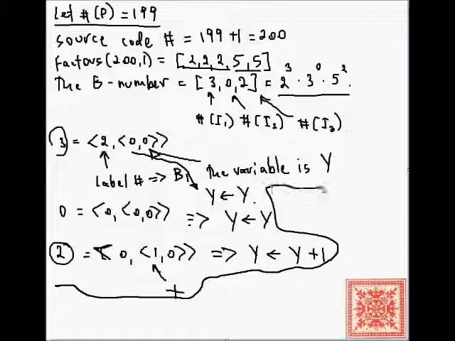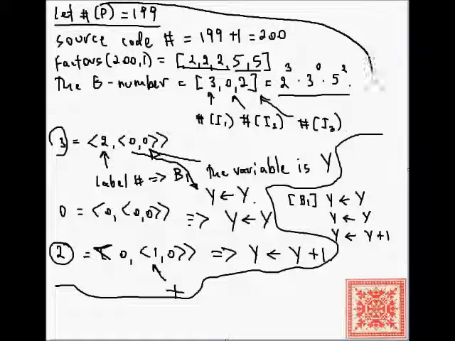So the source code of the program that we just reverse compiled, or decoded, is instruction number 1, corresponding to number 3, labeled with B1, y arrow y, then y arrow y, the second instruction unlabeled, and then the third is y arrow y plus 1. So this is the source code of the program compiled to number 199. So, to be continued.